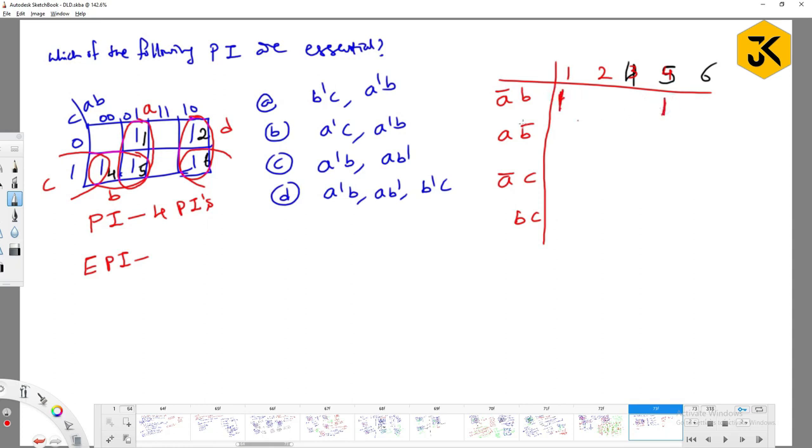How did we get A B bar? Because of this D, 2 and 6. How did we get A bar C? Because of 4 and 6.